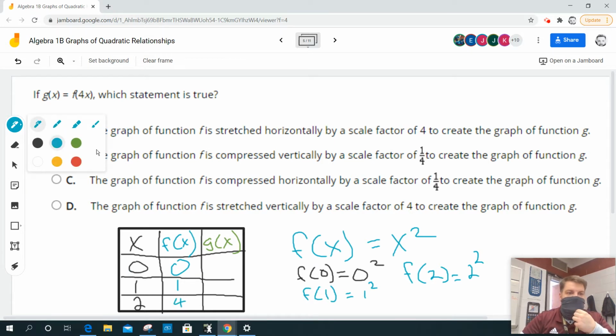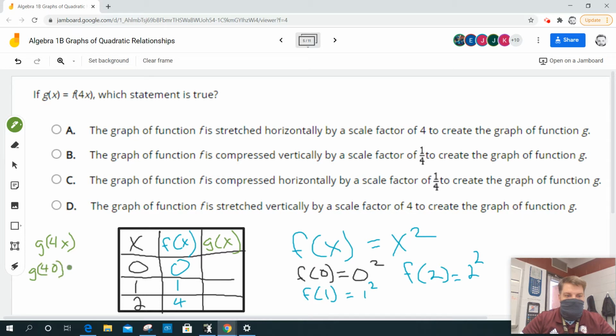Now, when we evaluate the g of x, what we're going to do is take our x value and multiply it by 4. So g of x is really 4 times x. Right? So g of 4 times 0 is still 0 squared.